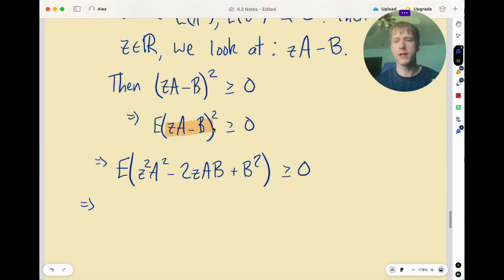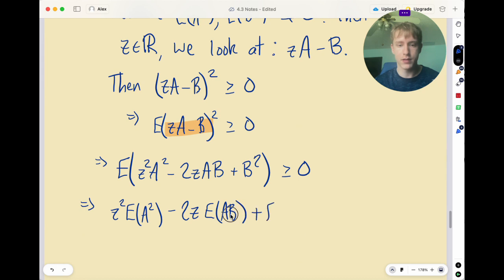But then using properties of expectation, I can go ahead and pull out all the constants, and z is a constant. So I'm going to pull out the z squared times the expectation of a squared minus 2 times z times the expected value of ab plus just the expected value of b squared, and that has to be non-negative.